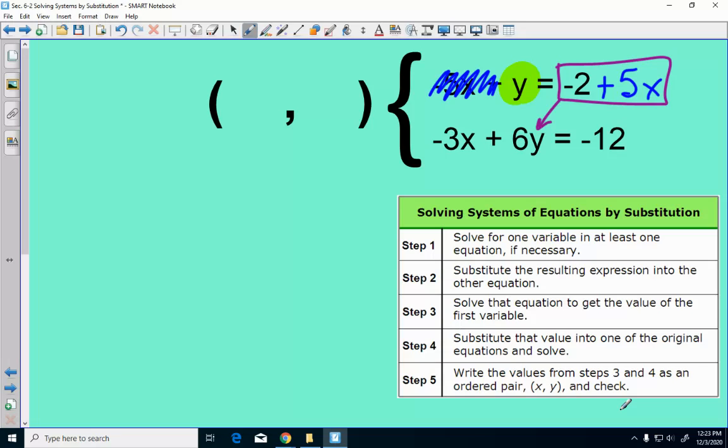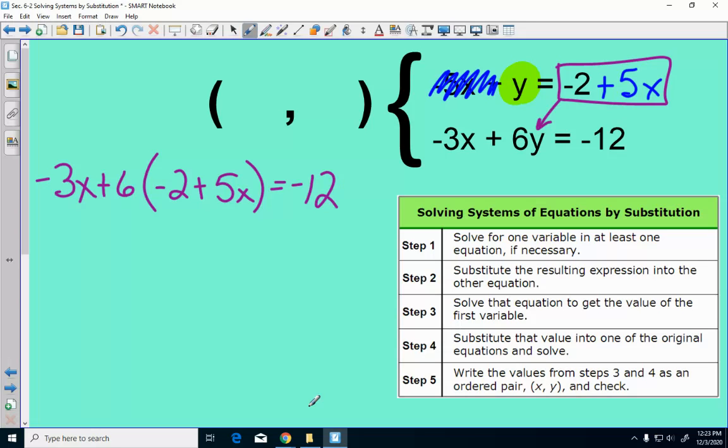You had an extra 6y there. Remember, if you write your combined equation and the x's and y's are still both there, you're in trouble. You made a mistake. So, negative 12, it's not a 2.